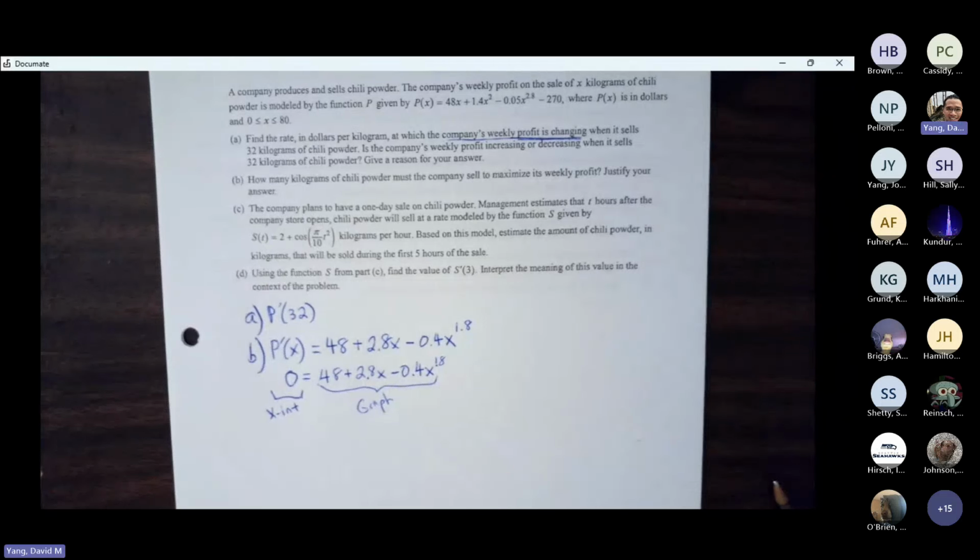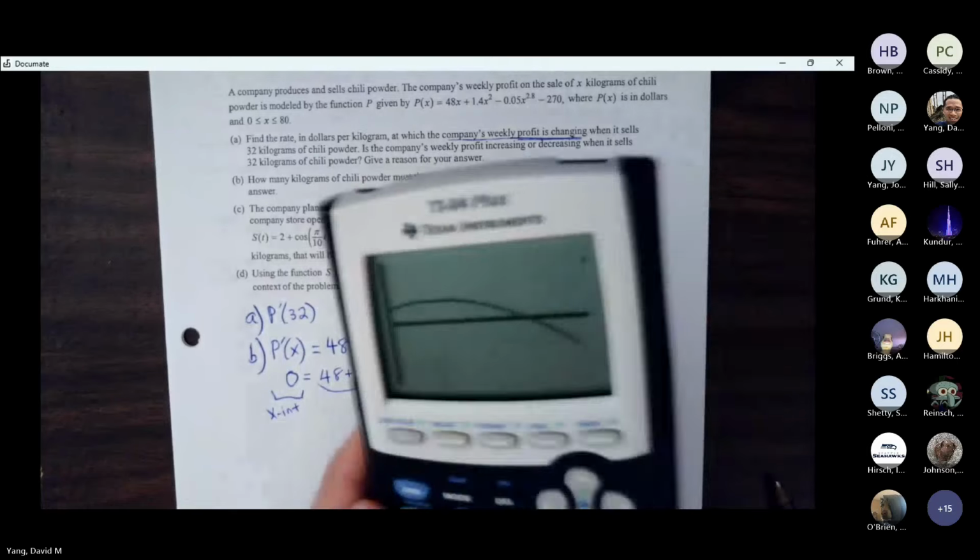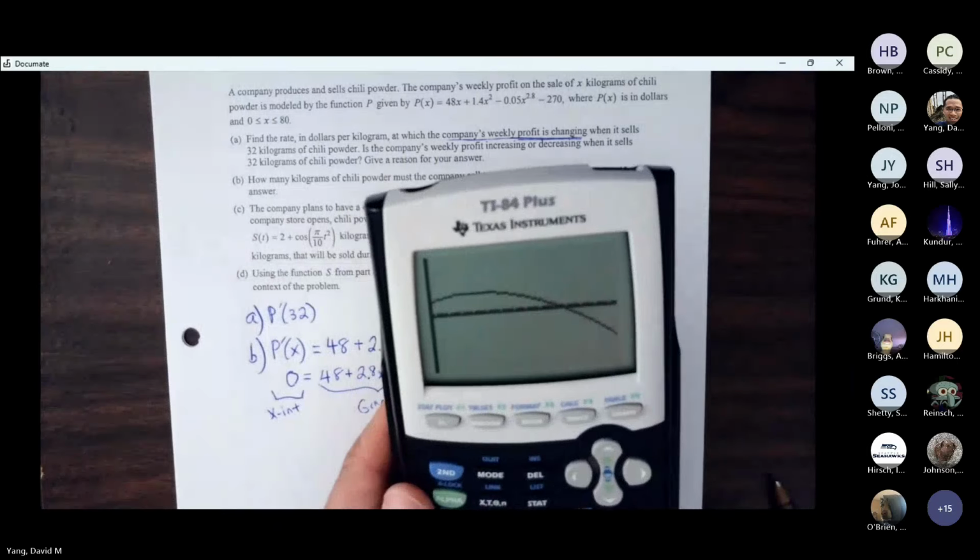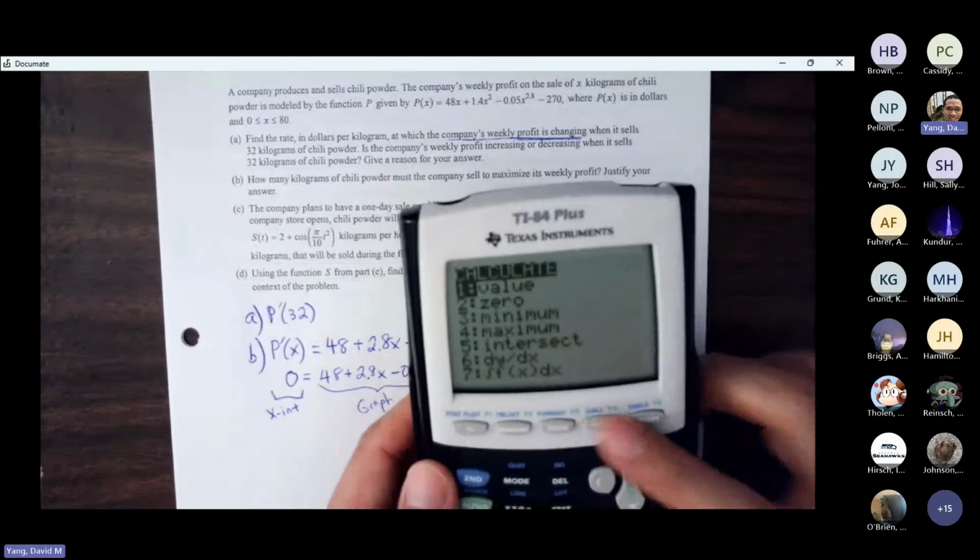Okay, hold on, 4.48 plus 2.8x. Oh, okay, 1.4. I think I entered it in wrong. Okay, so let me do second trace, zero.